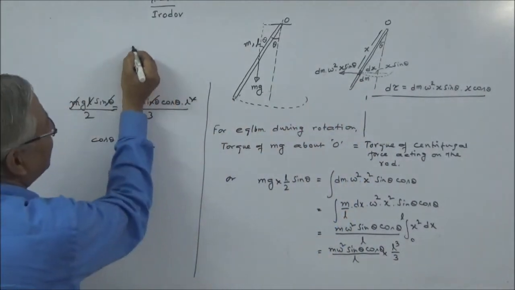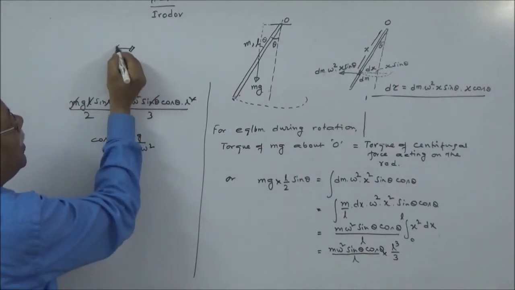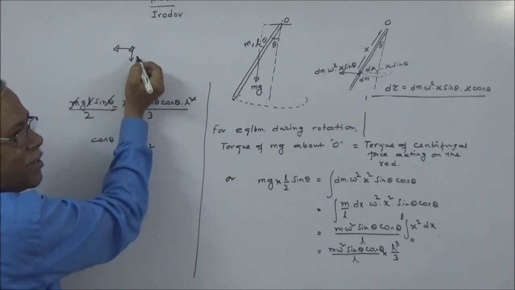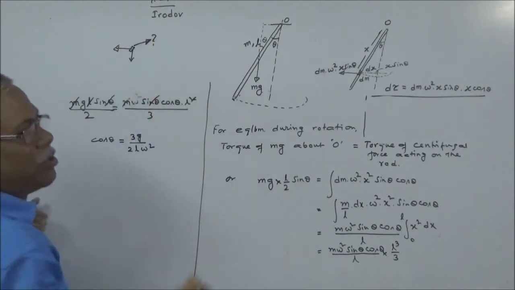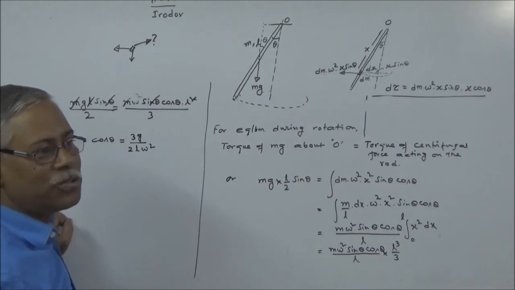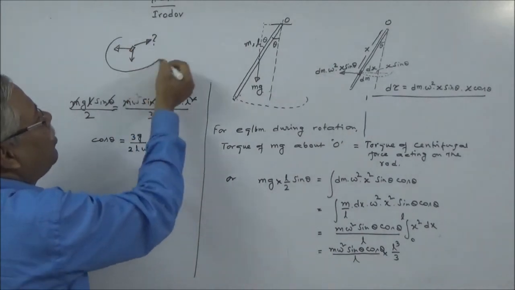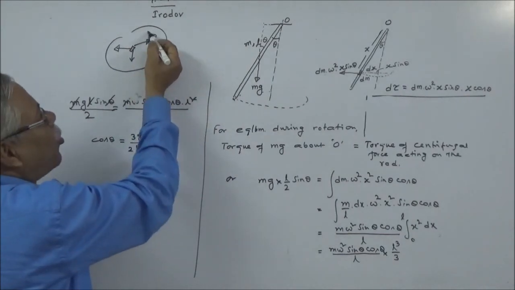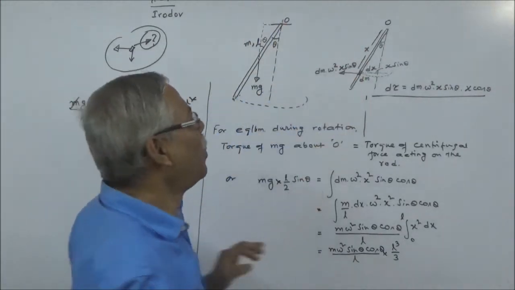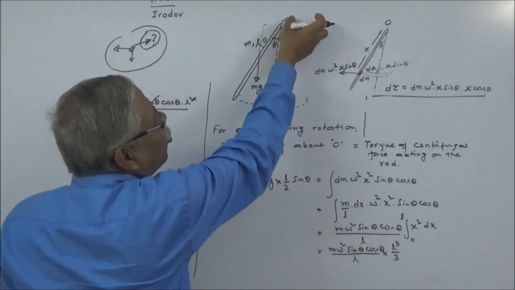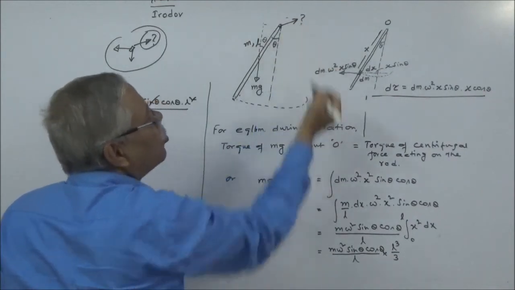If you draw the free body diagram of one element, then on this element there are the centrifugal force, the weight, and the forces exerted by the neighboring element, which is not known to us, and whose direction is also not known to us. So when you calculate the equilibrium of this element, the torque of this force has to be considered. But when you consider the whole body and draw its free body diagram, there will be a force which is not known to you.